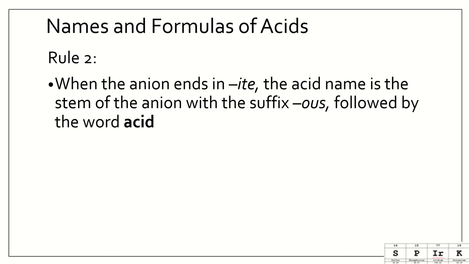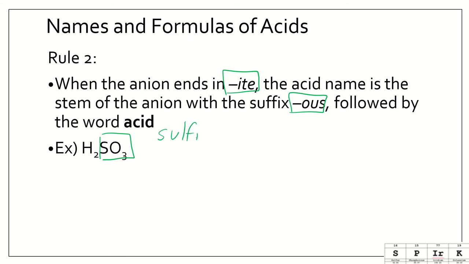Rule 2. When the anion ends in ITE, the acid name is the stem of the anion with the suffix OUS, or ous, followed by the word acid. So here we see hydrogen, and we see our anion. Hopefully by now you know that this is sulfite.